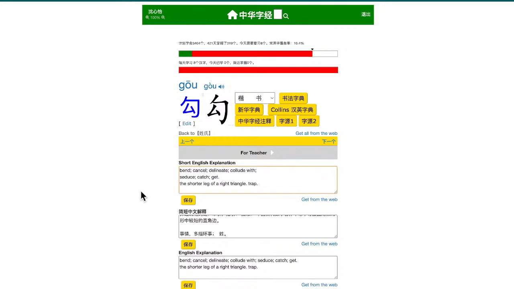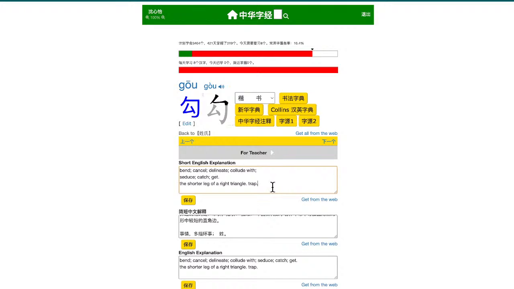It's as if you catch it with a hook. Even though it's not a physical hook, it's a metaphorical hook. It's also used as a noun meaning trap.